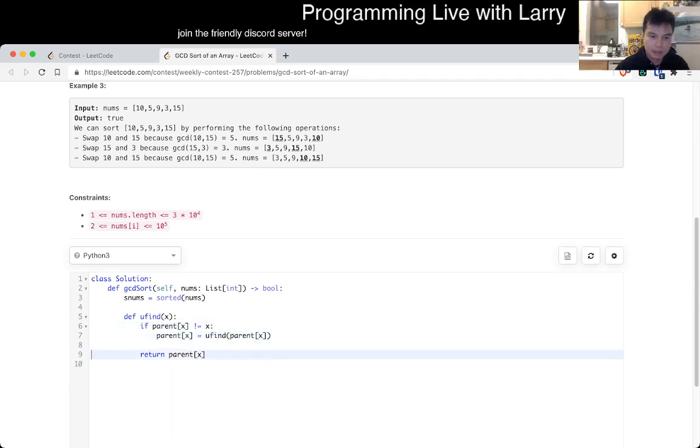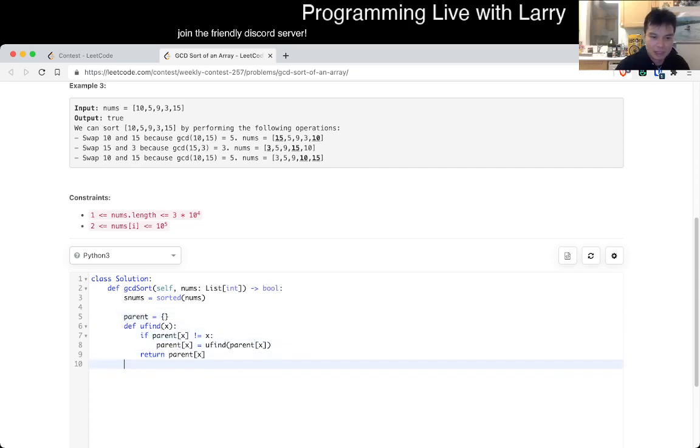Okay, and then here we just have parent is equal to this thing. Maybe call it group. I forget what I use for union find. Let's call it parent, whatever. I know what that means, and that's good enough for me. ua is equal to ufind of a, ub is equal to ufind of b, parent of ua is equal to ub, and then that's pretty much it.